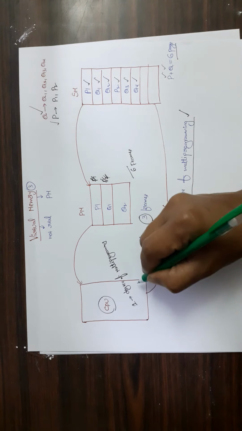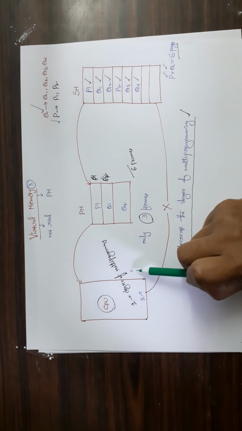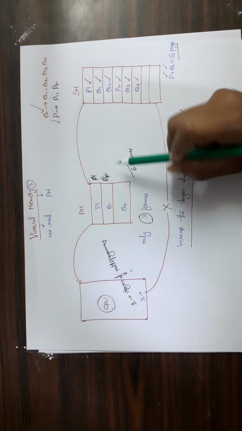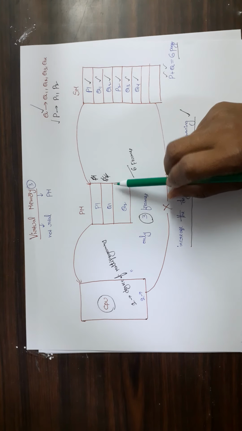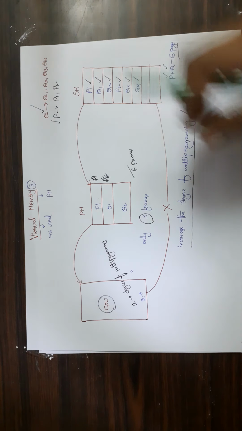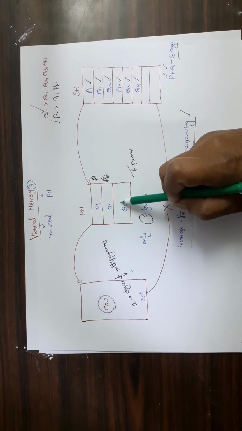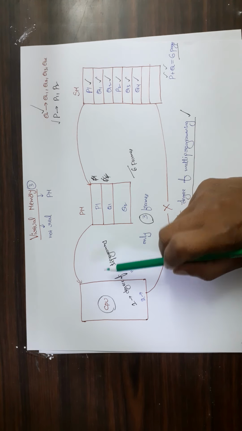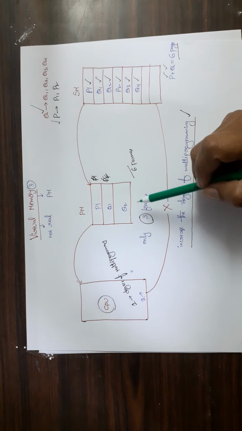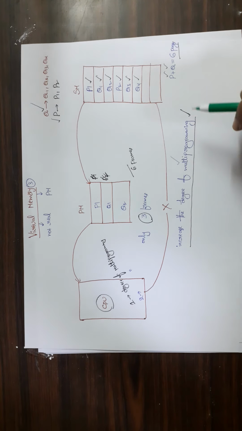That means here the degree of multi-programming is 2. That means by using the virtual memory concept, without loading the entire processes into the primary memory, we are loading only some portions of the processes and we are executing the processes successfully. So in this way, virtual memory increases the degree of multi-programming.